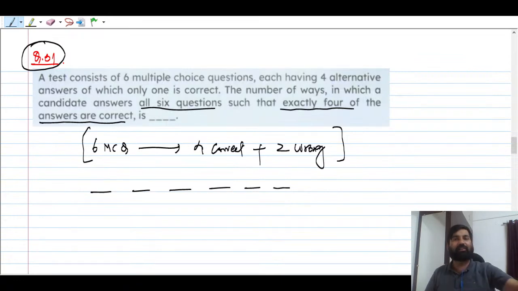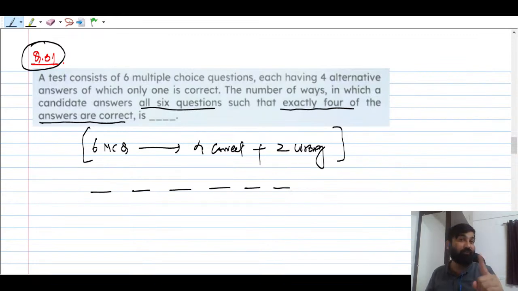So let me choose the questions. 4 questions we have to choose first so that we can answer them correctly. Out of 6 questions we are going to choose 4. There is only one way a question can be correct. When you go for the examination, if you think let us choose B and you're not sure, that question will be wrong.